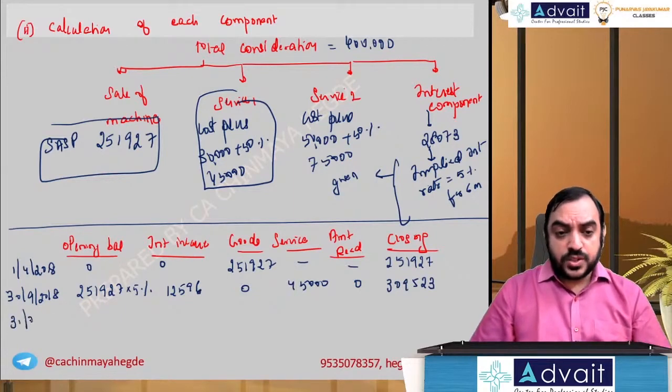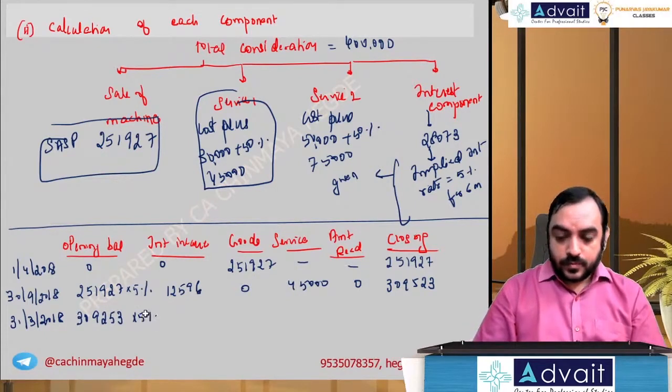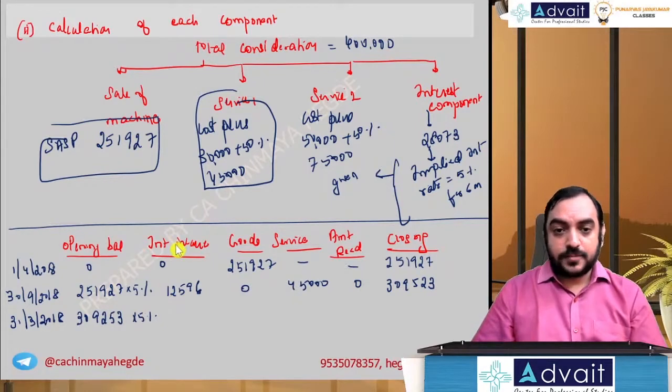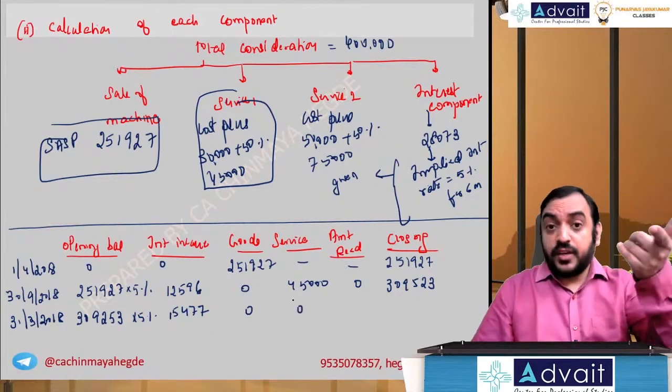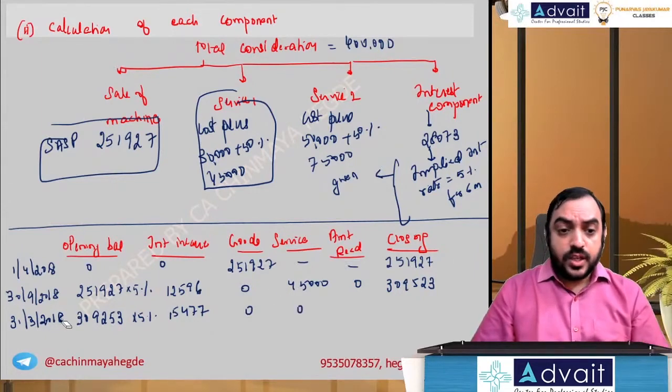Let's do 31st of March, because year end comes. Opening balance 3,09,523, on that 5% interest accrued, which is 15,477. Goods received nothing. Service we provide on the first day of next year, so I don't get anything now. This is 31st March 2019.